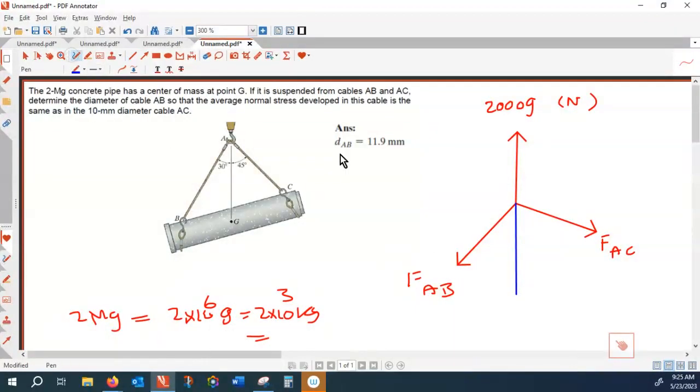Okay, so here the angles are 30 degrees here, and this one is 45 degrees.